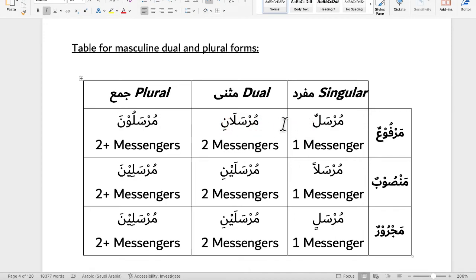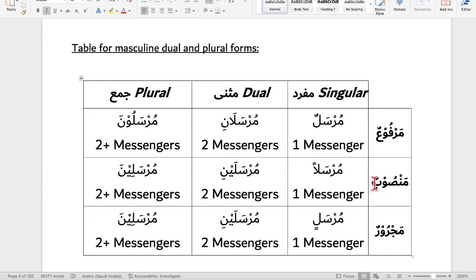So mursalun: if there are two messengers and the noun is in the marfu state, the un form, it is going to be mursalani. And if there are more than two messengers, it is going to be mursaluna.